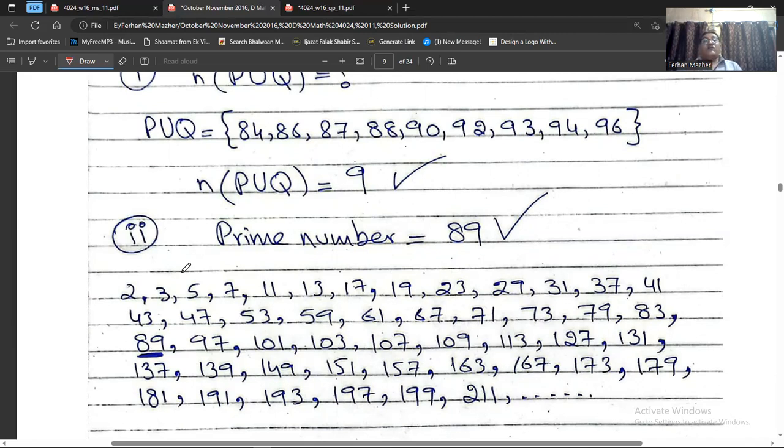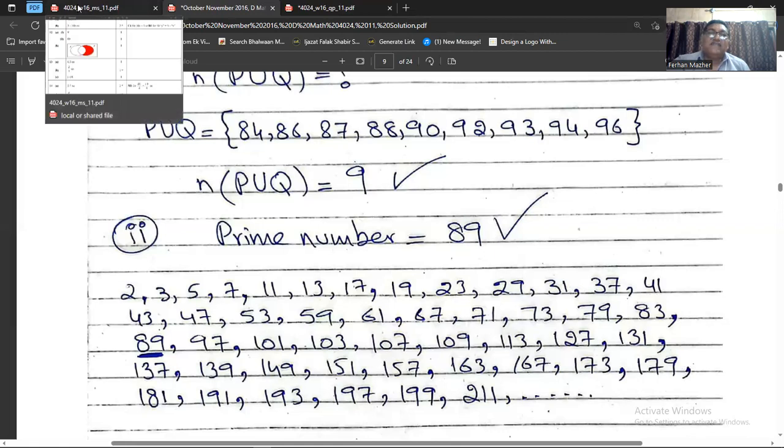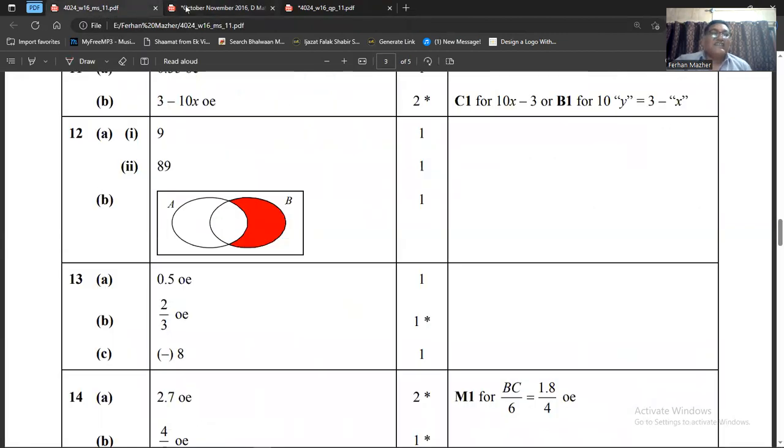Then 97, 101, 103, 107, 109, 113, 127, 131, 137, 139, 149, 151, 157, 163, 167, 173, 179, 181, 191, 193, 197, 199, 211. And this list goes on and on, but you should remember at least these. Then very easily you can answer this question. Otherwise, this mark is gone. So 89 is the right answer.